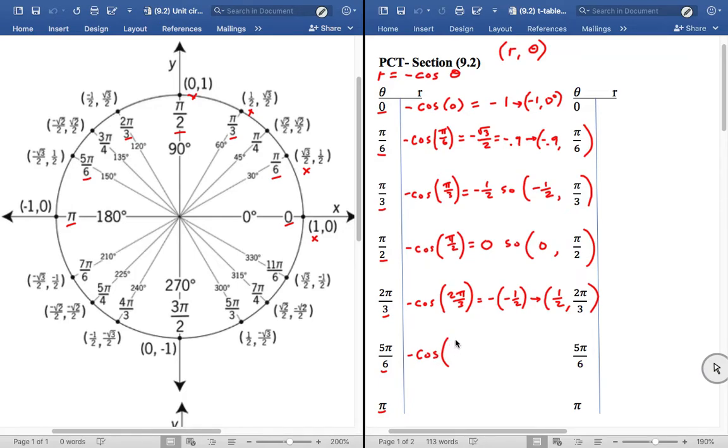But now we're going to plug in 5 pi over 6. The cosine of 5 pi over 6. Kendra Pierce in the house. What is the cosine of 5 pi over 6? Rad 3 over 2.